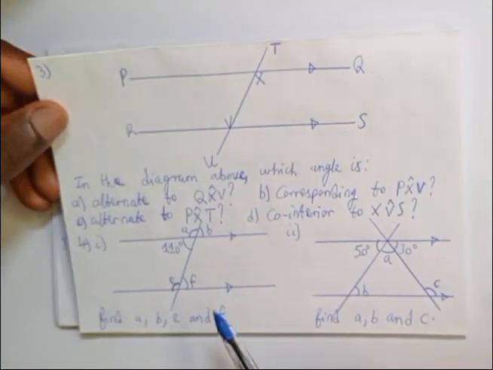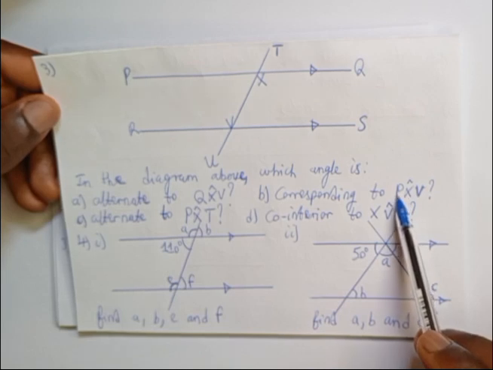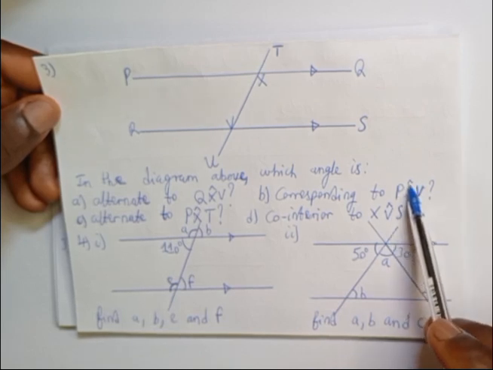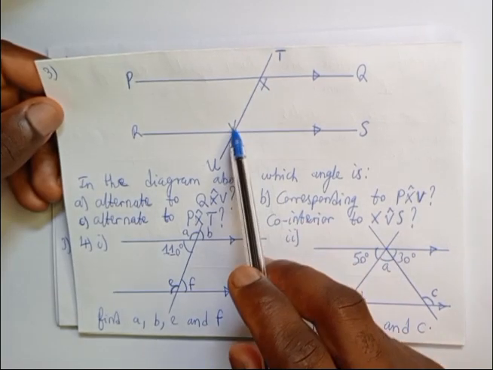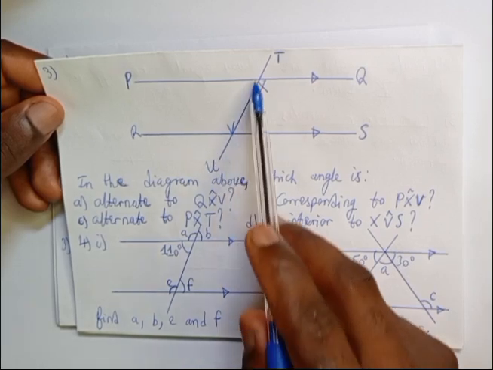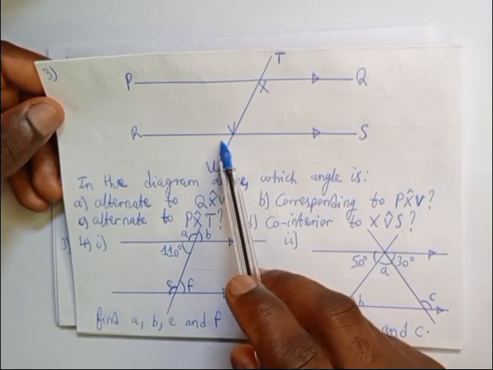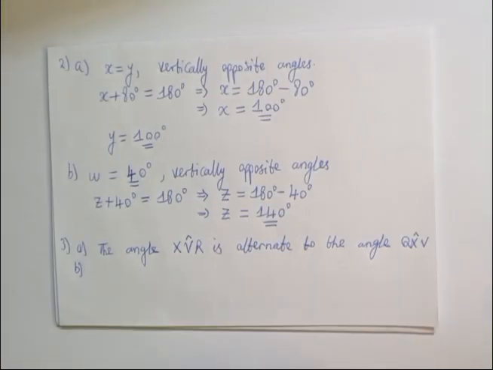Question B is asking us which angle is corresponding to the angle PXV. This is the angle. The angle which is corresponding to this is this angle down here, which is RVU. Write it down.